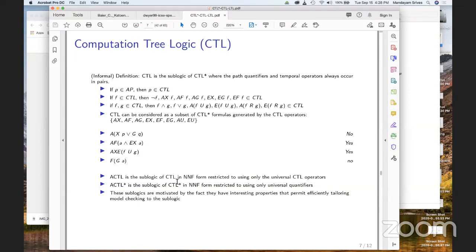Therefore, studying the expressiveness of these classes of formulas is interesting in its own right. But for us, as those interested in understanding model checking algorithms, we are motivated by the fact that it is easier to devise model checking algorithms for CTL and LTL, as opposed to the general and larger CTL star.